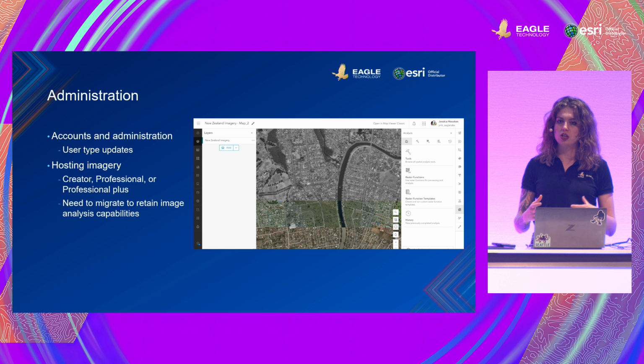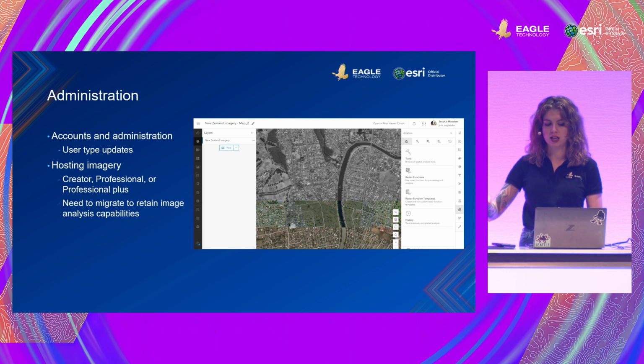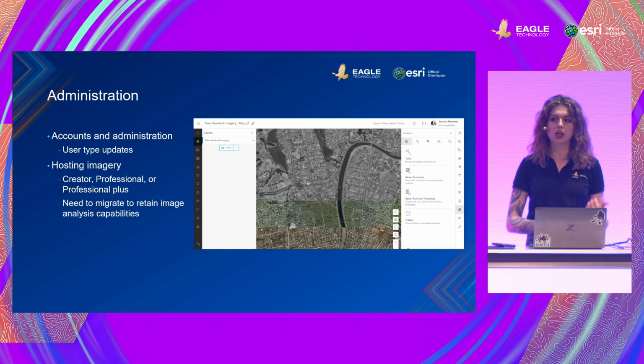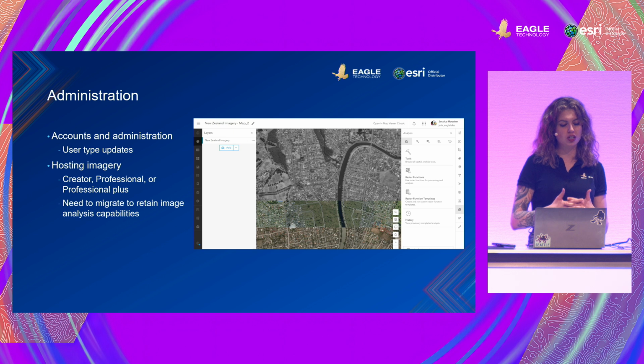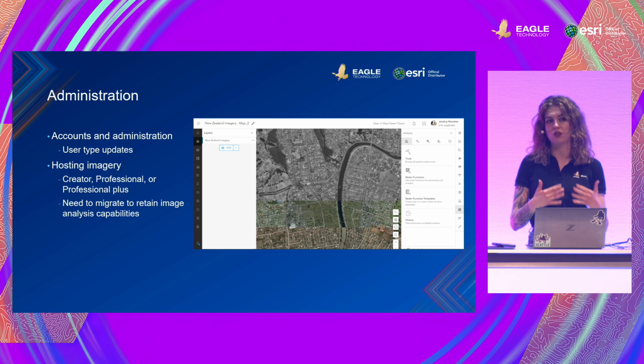That used to be ArcGIS Image for Online, an extension you had to get to host your imagery or publish it to ArcGIS Online. That's no longer the case. You can now host your imagery with a Creator, Professional, or Professional Plus. Where the ArcGIS Image extension, ArcGIS Image for ArcGIS Online, comes in is when you want to analyze the imagery. That will need some migration so that you have your image analysis capabilities with those new user types.